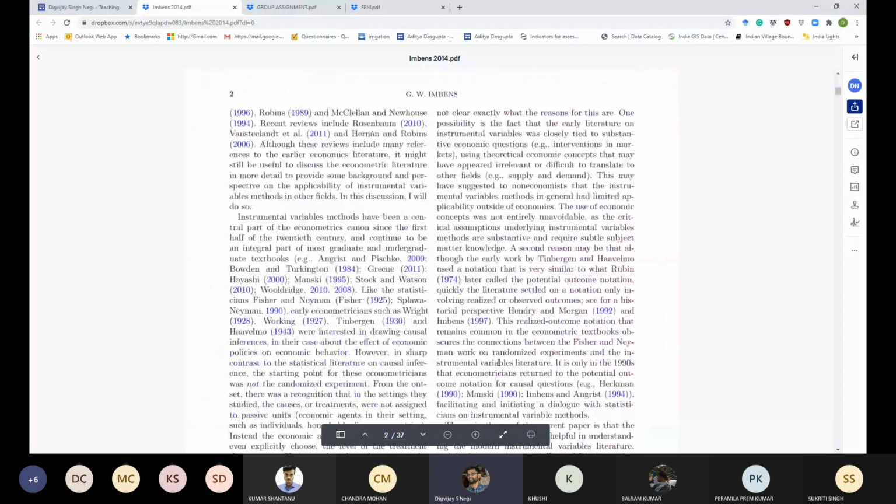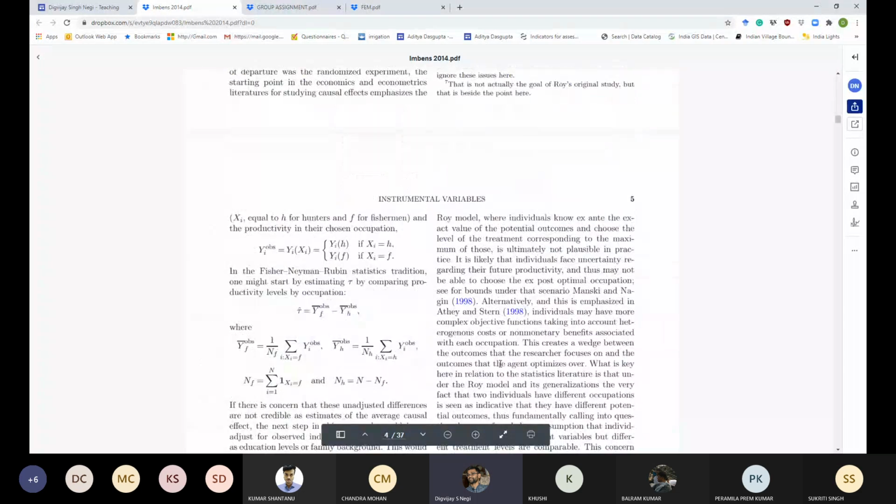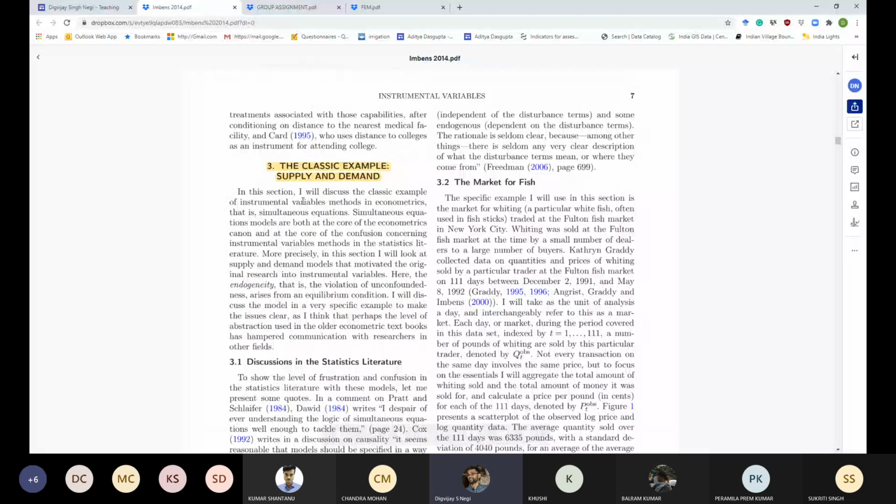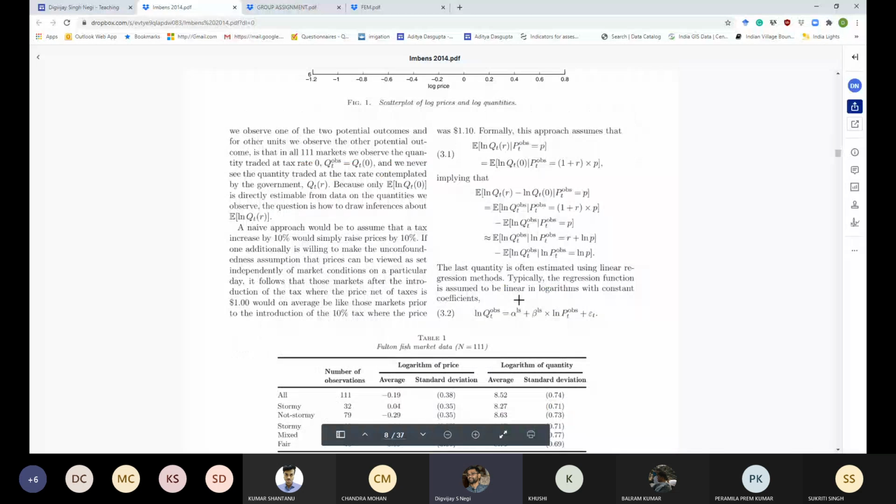You have to focus on section 3 of this paper. Read section 3, take your time, read it, and then write a short note on it, not more than 2000 words. And you have to type that note. You can type it on Word. If you are using a lot of equations, if you want to introduce math into your note, then you can also do it on LaTeX.